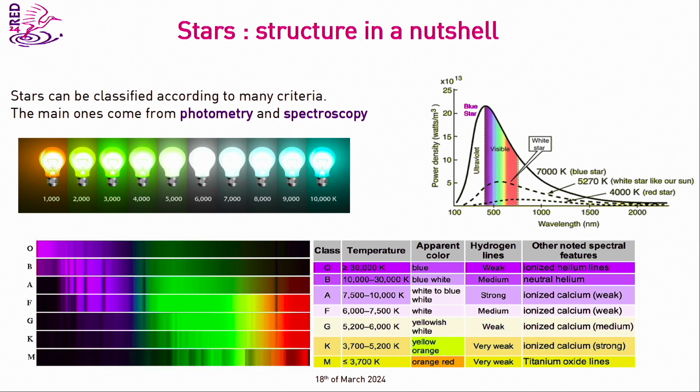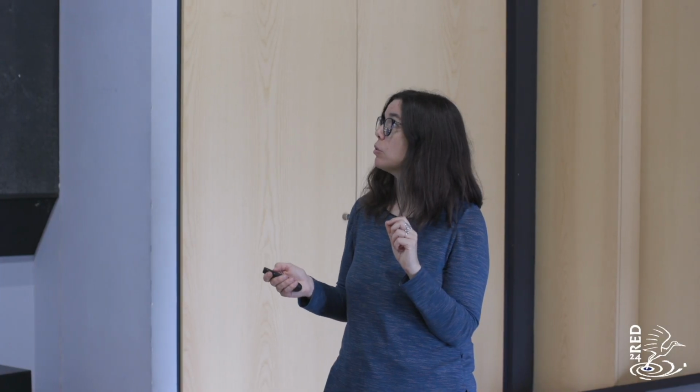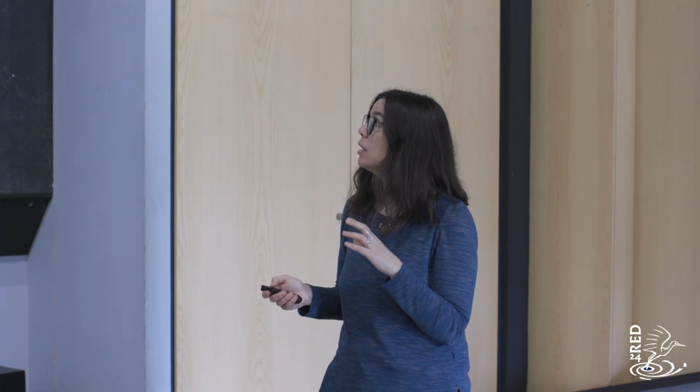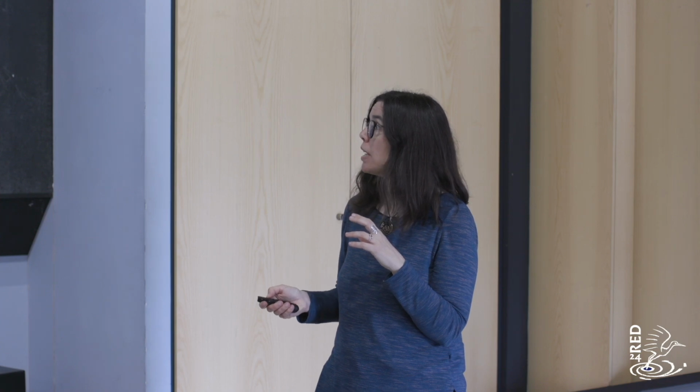So nuclear reactions don't happen at the surface of stars, they happen in the center. But with the surface temperature, and surface gravity, which can also be measured using spectroscopy, and what we know of the sun, we can infer the temperature in the center of the stars according to their color, which is also related to their mass.